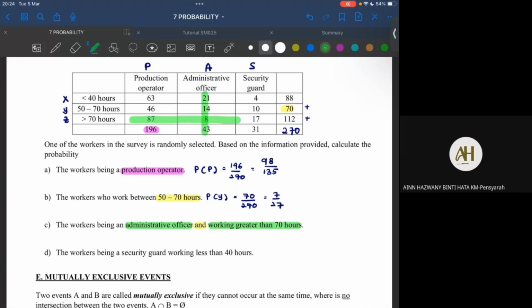Okay. Yang mana yang intersect dekat situ ialah nombor 8 di sini. Okay. So what we have from this one is basically kita nak cari P(A intersect Z), which is we have 8 over 270. Just boleh simplify, kita ada 4 over 135.